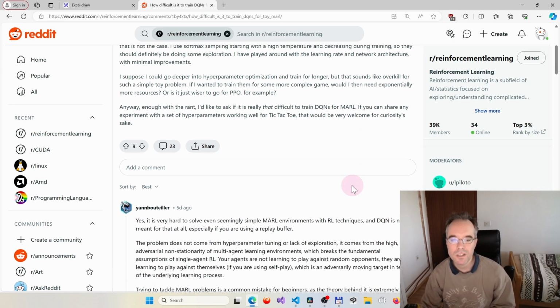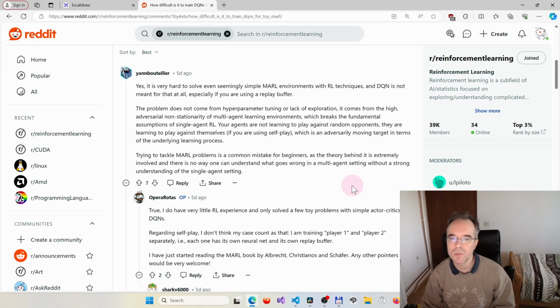And now the knowledgeable people come in and they say, yes, it's very hard to solve even seemingly simple MARL environments with RL techniques. And DQN is not meant for that at all, especially if you're using a replay buffer. The problem does not come from hyperparameter tuning or lack of exploration.